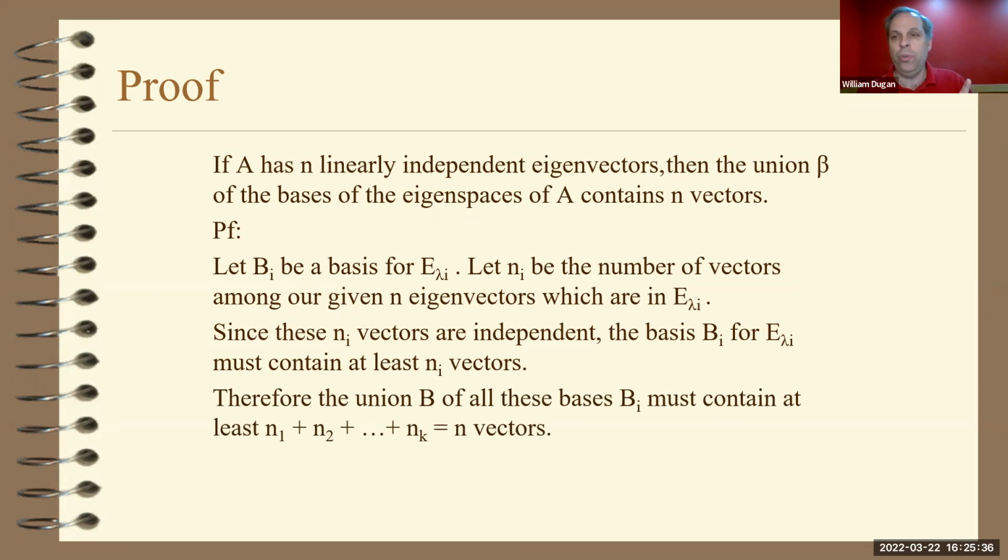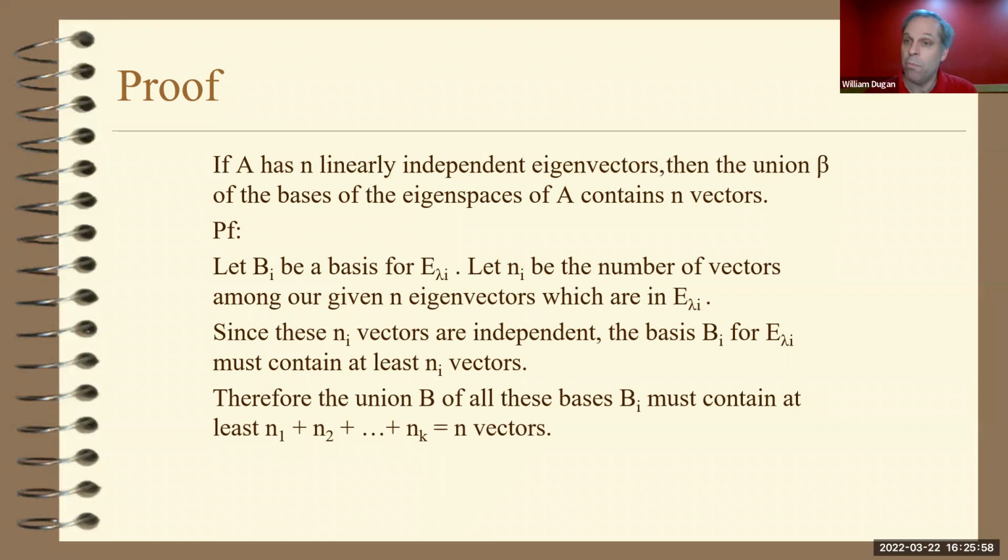Therefore, the union of all the vectors in this basis must contain at least n sub 1, n sub 2, up to n sub k, which is just n vectors. So the union of all these vectors has to contain at least n vectors.